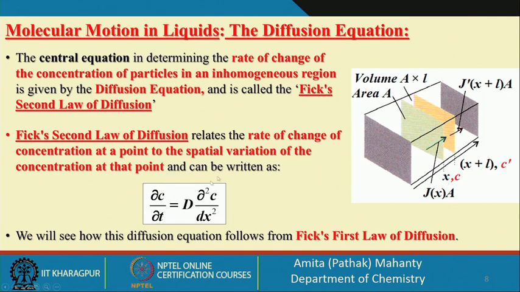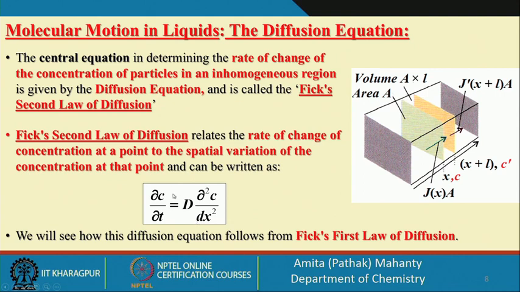The rate of change of concentration at any point is equal to the spatial variation of concentration at that point. Okay. So, this is the spatial variation, and this spatial variation is in the double derivative. That means d square c by dx square is what we are going to be looking into.